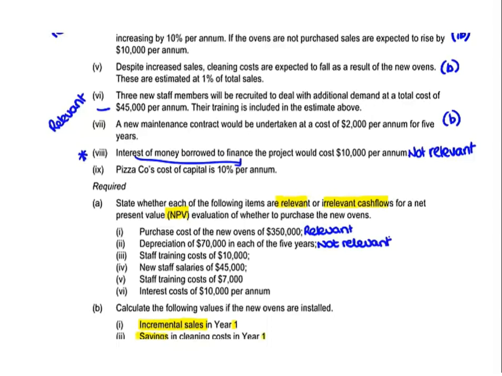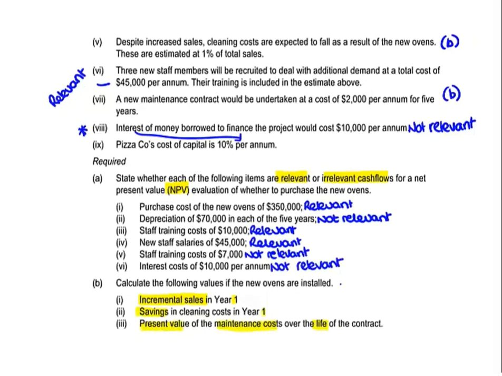Staff training costs of 10,000 are relevant because they're in the future. But the costs of 7,000 that have already been paid are not relevant. Salaries for staff are relevant, and interest is one of those oddities, but interest is never relevant.